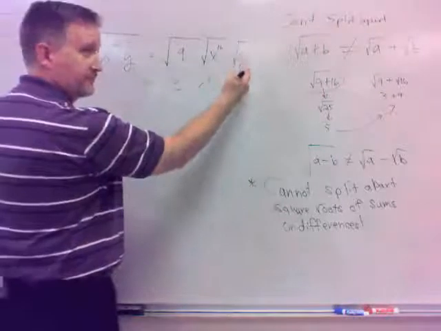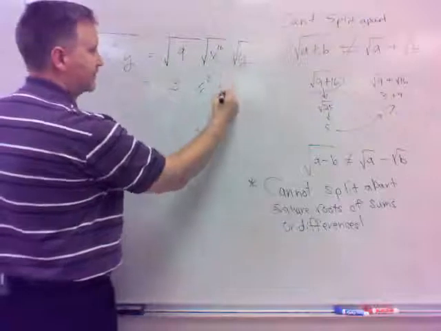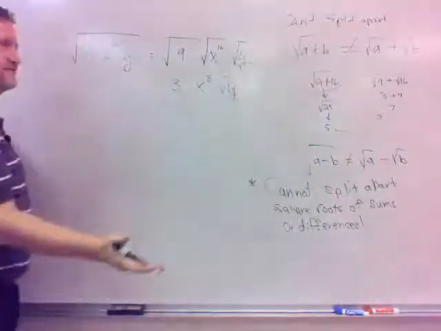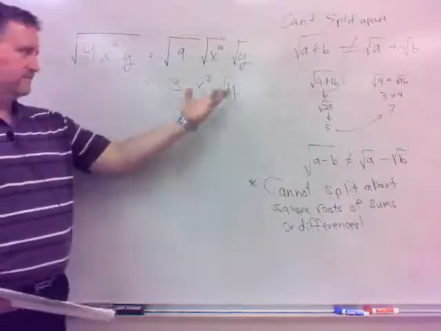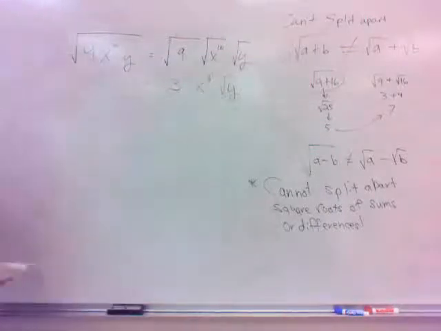Now, what about this one? Well, there's just nothing I can simplify there, right? It's just the square root of y. Can I simplify the square root of y? No, because I can't really divide the power by 2 there.